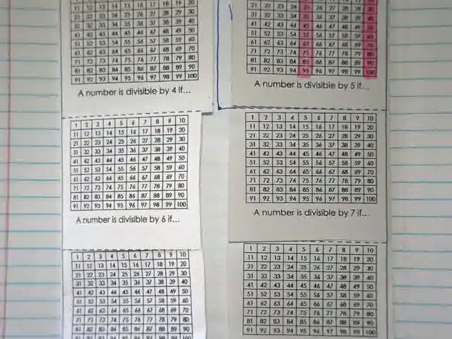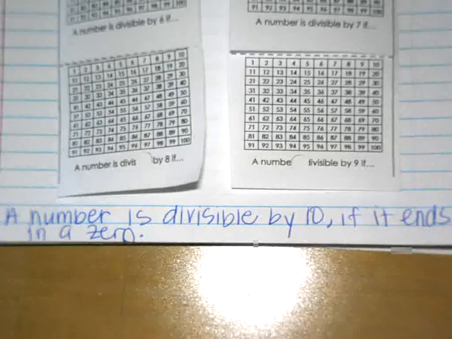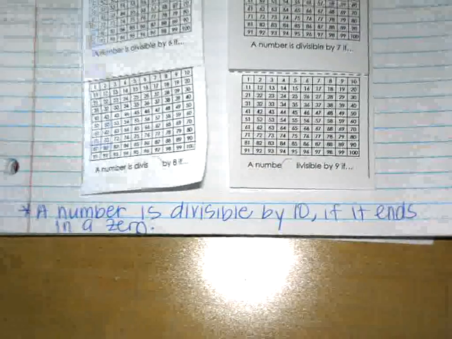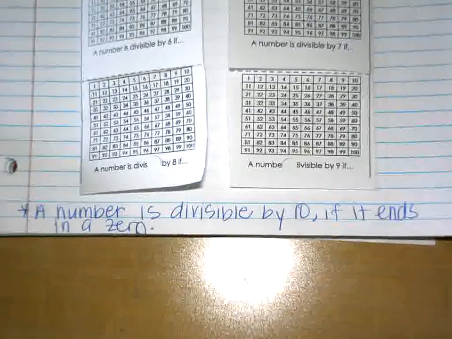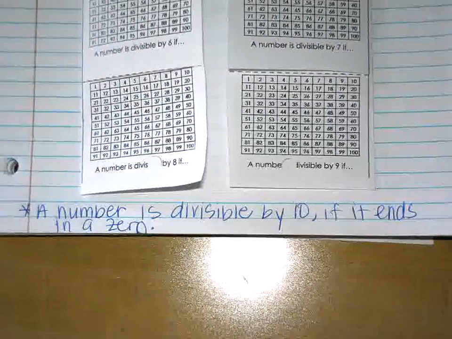A number is divisible, oops, sorry, you cannot see that. A number is divisible by 10 if it ends in a 0. So that is something we have to know. Everything that ends in a 0 is also divisible by 10.